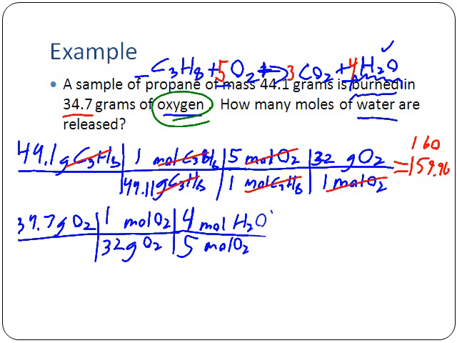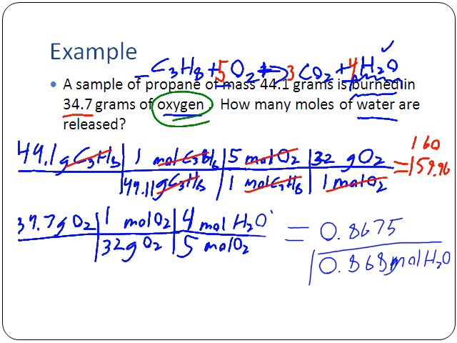When we do that, I get unrounded 0.8675. Since we started off with 3 significant figures, our answer will be 3 significant figures, so 0.868 moles of H2O. And so that would be our final answer.